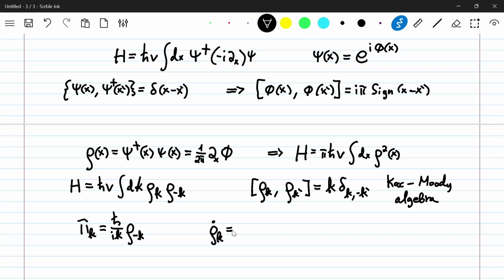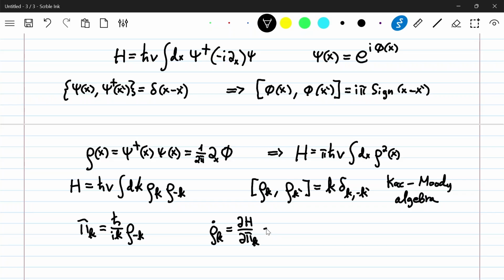With this, I can easily compute rho K dot, which is the time derivative of rho of k. We know that, from this quantization of the Hamiltonian, it is just the derivative of H with respect to pi, where pi is this rho minus k.